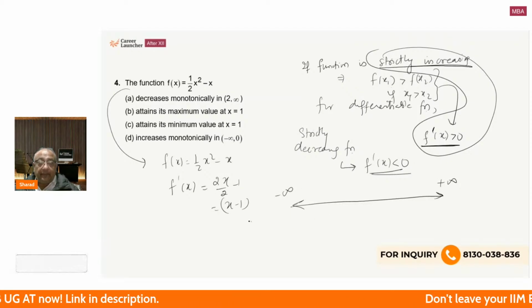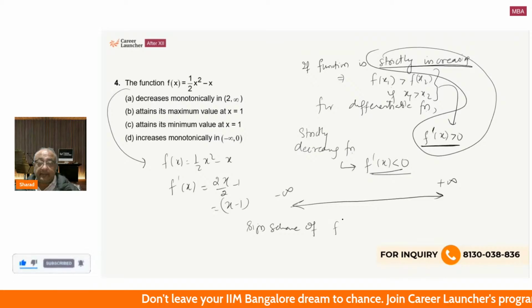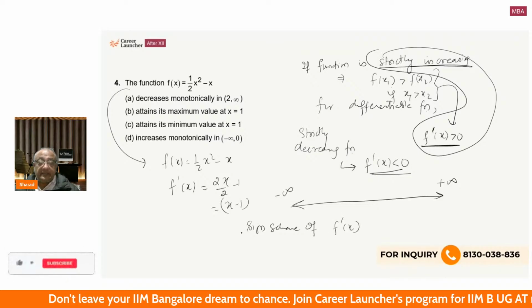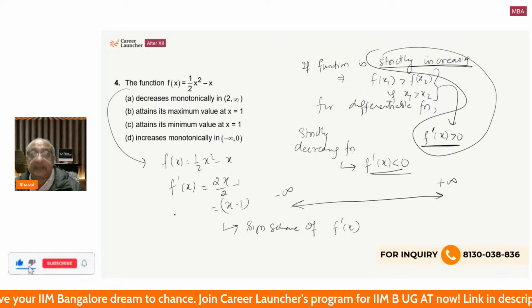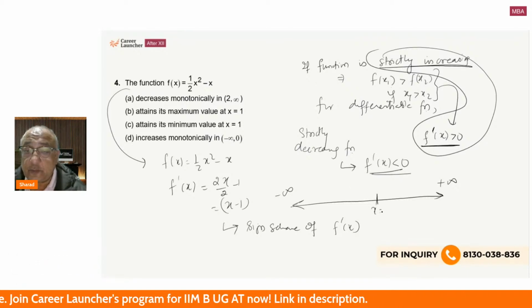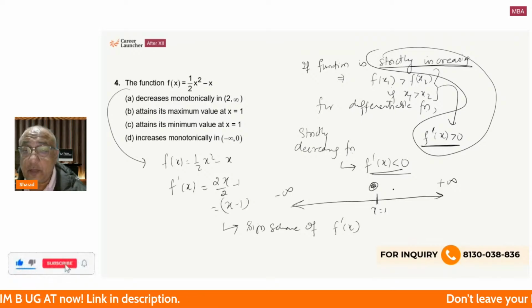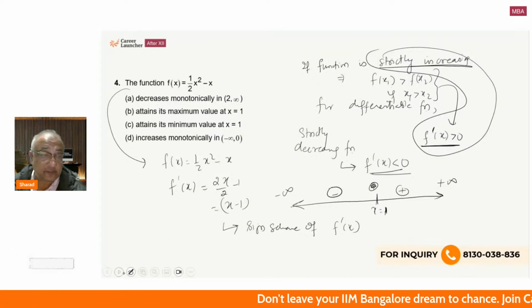I am drawing the sign scheme, which I have taught you in my earlier lectures. Just as we find the sign scheme of y, we are finding the sign scheme of f dash x. There is only one root, x is equal to 1, where it is 0. Here it is plus, more than 1, and here it is negative, which is minus.